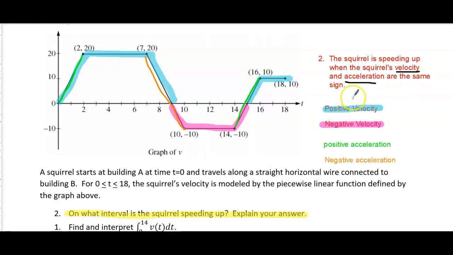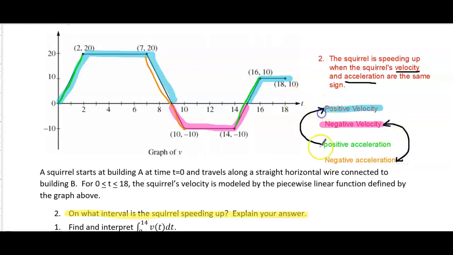Now, as we said, the squirrel is going to be speeding up anytime the velocity and acceleration are the same sign. So a positive velocity put together with a positive acceleration is one instance where you would have the squirrel speeding up. And another instance where you would have the squirrel speeding up is if you had a negative velocity with a negative acceleration.